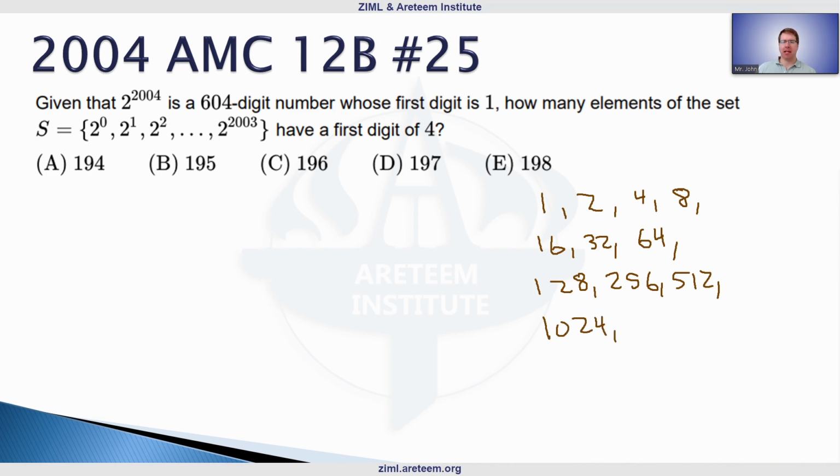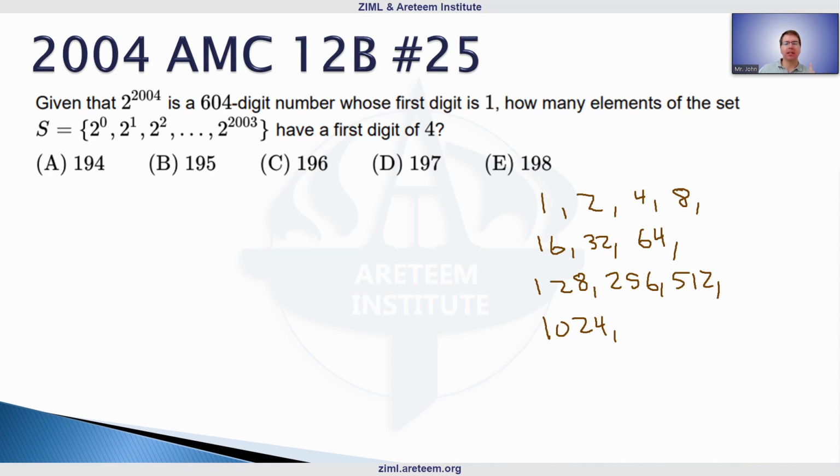Now, right, we can organize these things in terms of the digits. So we have 1 digit, 1, 2, 4, 8, 2 digits, 16, 32, 64, and start looking for some patterns in their first digit there.